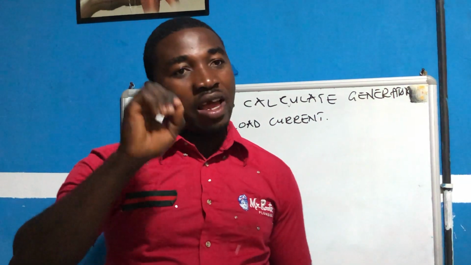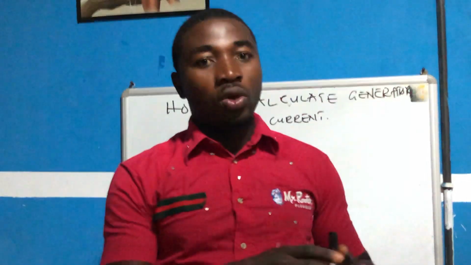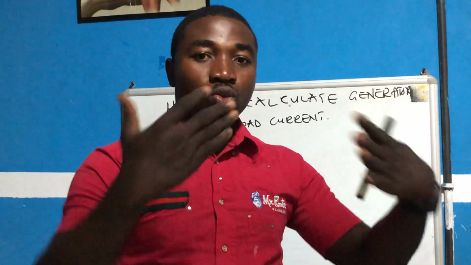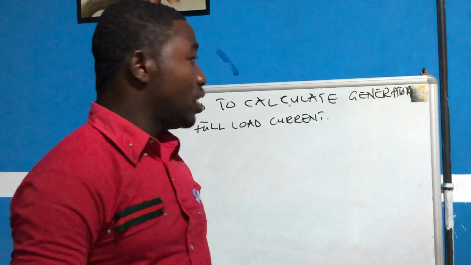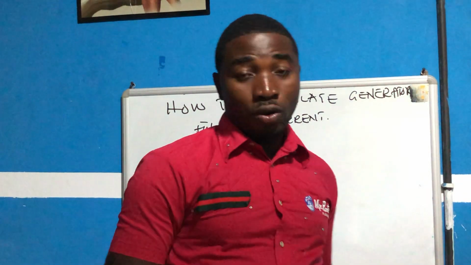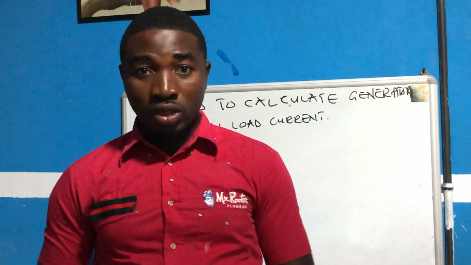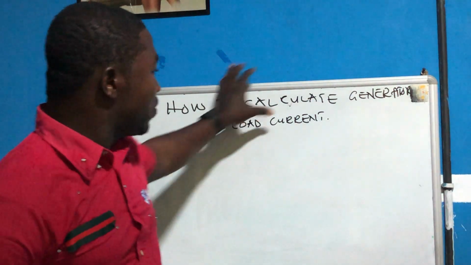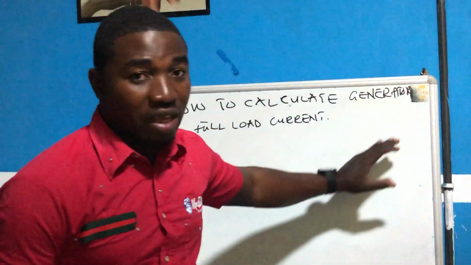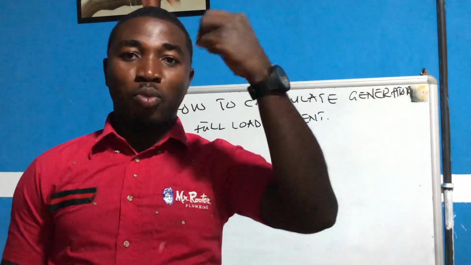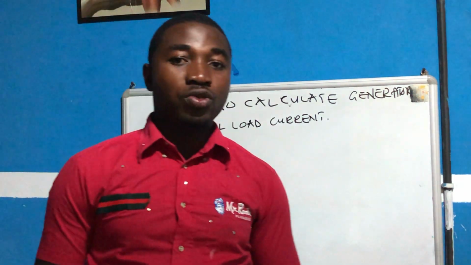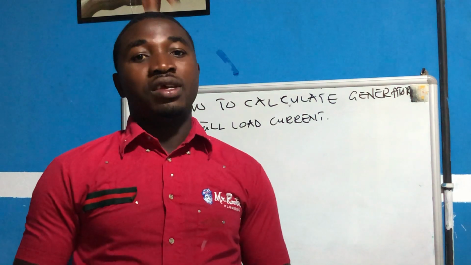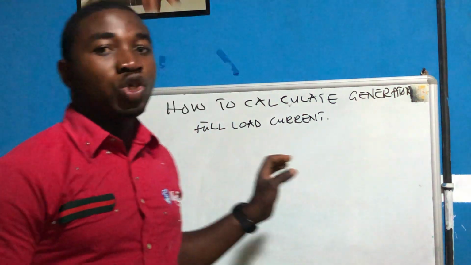Secondly, it also influences you, the electrical practitioner, in your decision to select even the breaker type for the load. Because if you know the current rating of the generator, this is where it will positively influence you to choose the right protective device to be used.